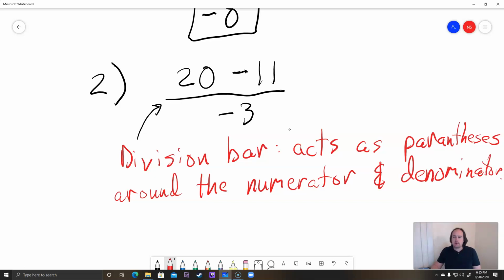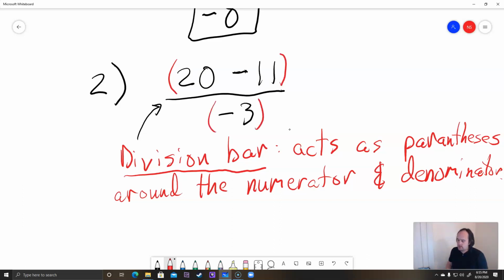So secretly here, we actually have parentheses around the 20 minus 11 and parentheses around the negative 3. That's just a little detail that a lot of people don't know, but it is important that you understand that. So even though there weren't parentheses in the original problem, I went ahead and put parentheses around the top and the bottom, because then it'll be clear what we're supposed to do first.